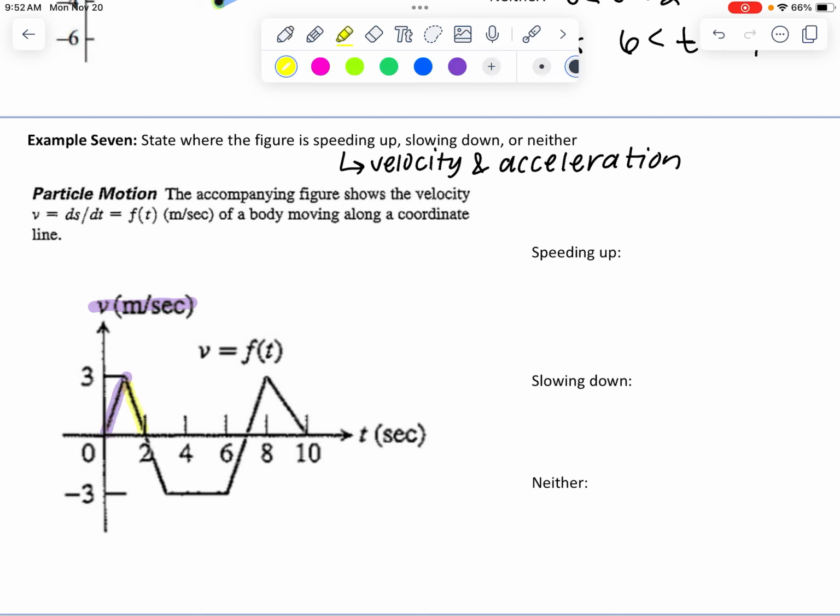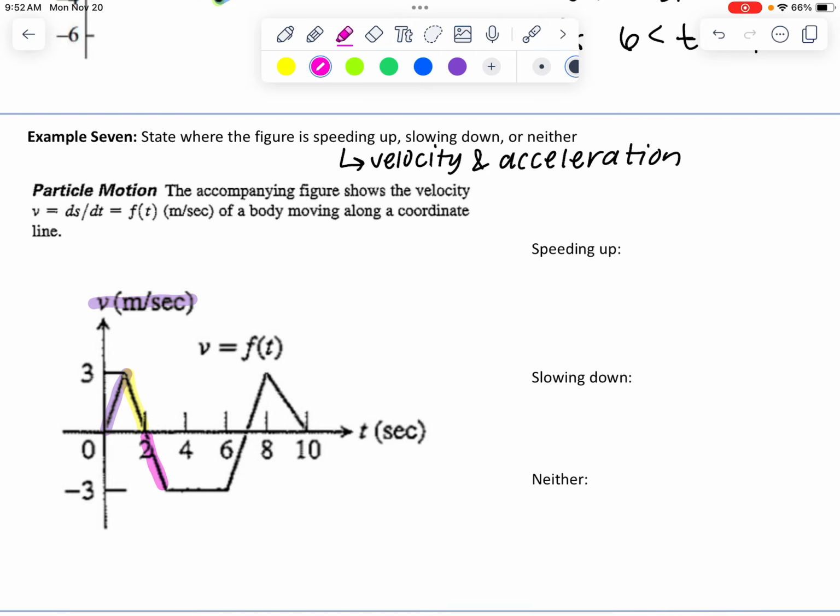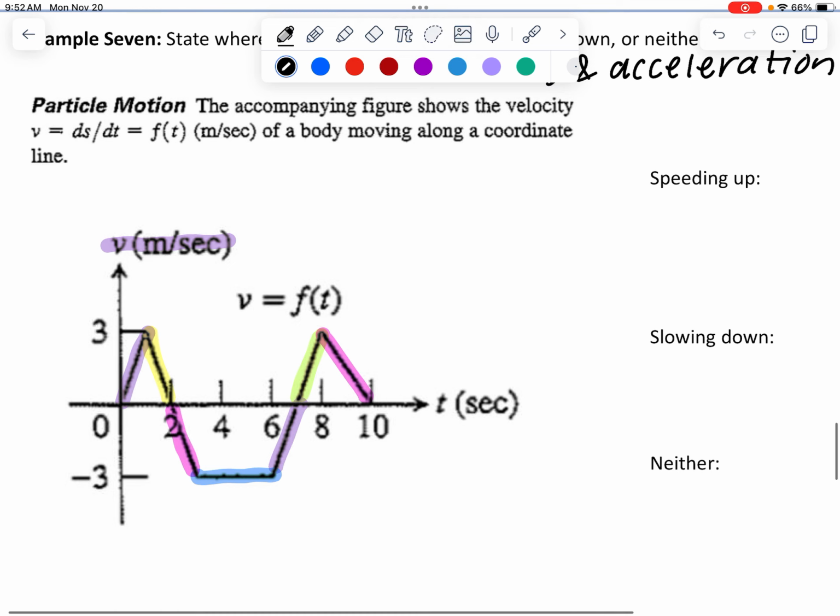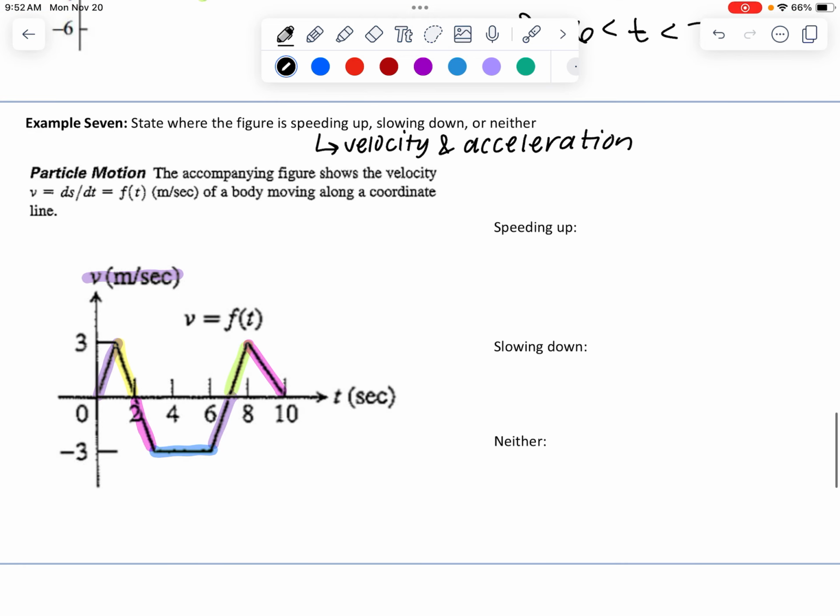I'm going to label the different pieces of this, but one thing I'm going to do differently than last time is that when I cut over into above and below the x-axis, that's going to change. I'm going to highlight those as two separate sections because the velocity above the x-axis is positive and below is negative. Let's start in this first section, the first purple section.